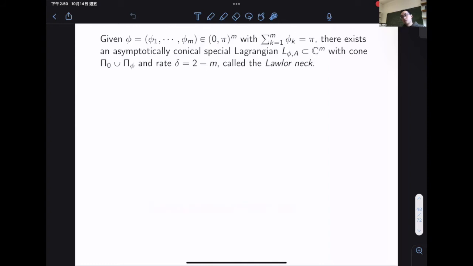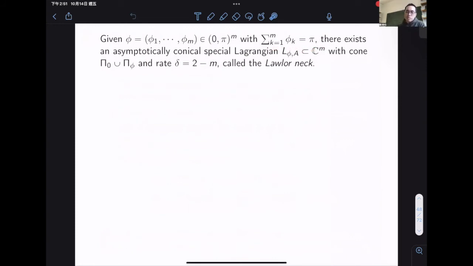Okay, so to desingularize such an immersed special Lagrangian, one needs to find a suitable asymptotically conical special Lagrangian which is asymptotic to a cone, the union of two transverse intersecting planes. So we are given a sequence of angles φ_1 to φ_m, such that the sum of the angles is equal to π.